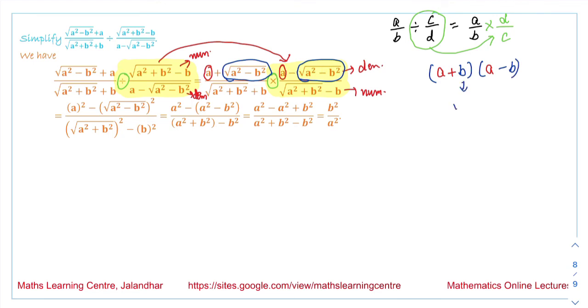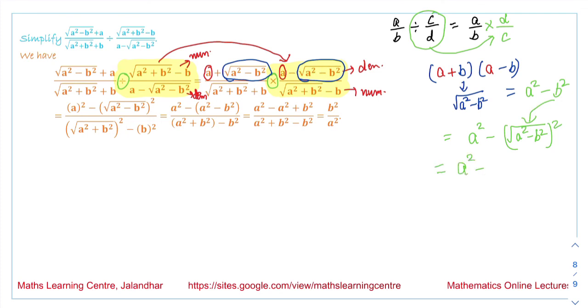The value of b here is square root of a square minus b square, so substituting it, the answer is a square minus the square root of a square minus b square, whole square.